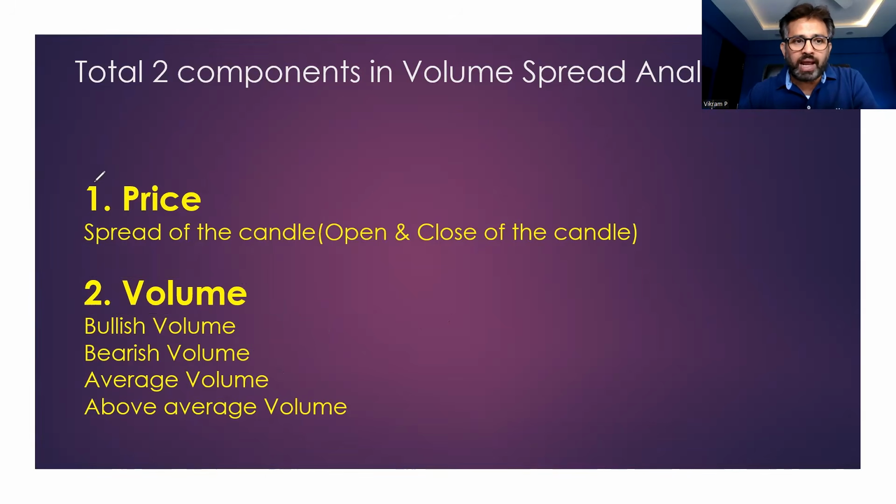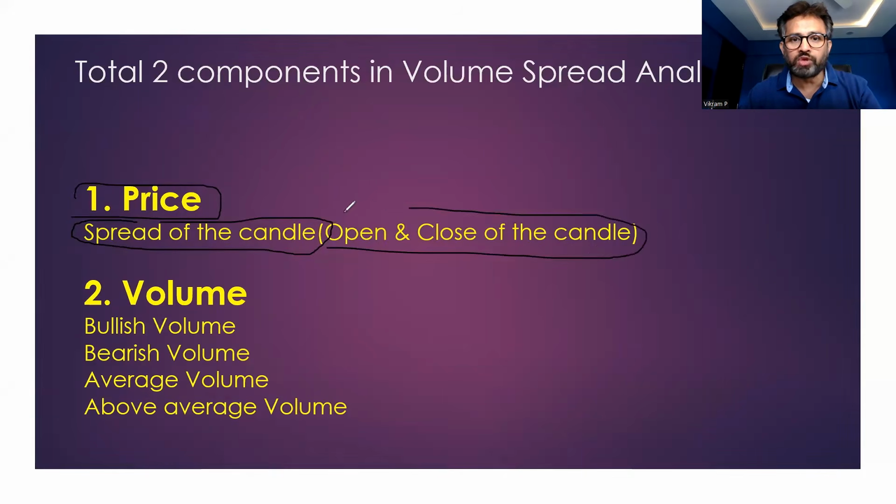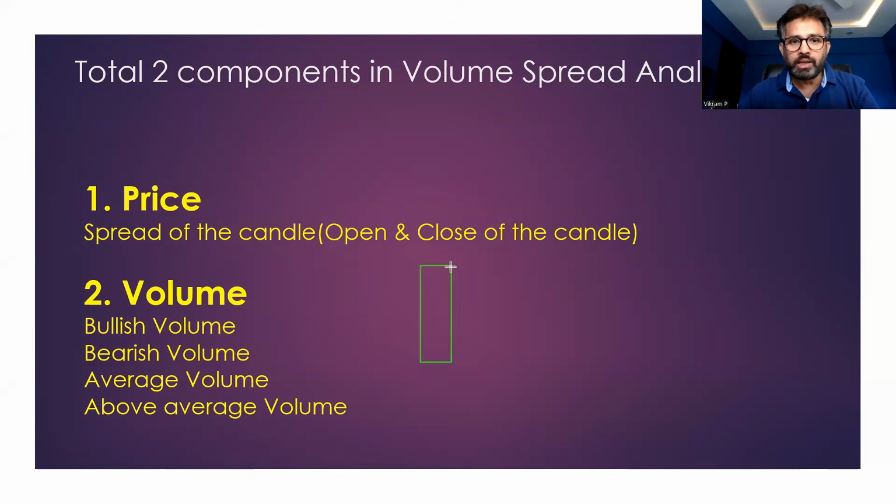When it comes to price, the most important thing in volume spread analysis is knowing the spread of the candle. Spread is nothing but the open and close of the candle. For example, take a bullish candle with wicks on both sides, on the 5 minutes chart.